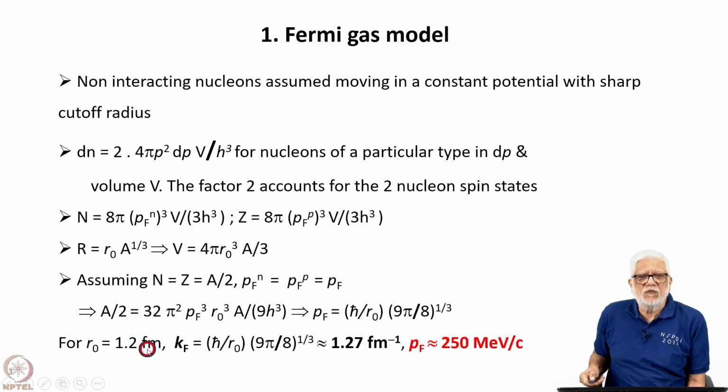So for an r0 equal to 1.2 fermi, you get k_F equal to about 1.27 fermi inverse. You equate p_F to h-bar k_F, and then you get a Fermi momentum which is about 250 MeV/c.